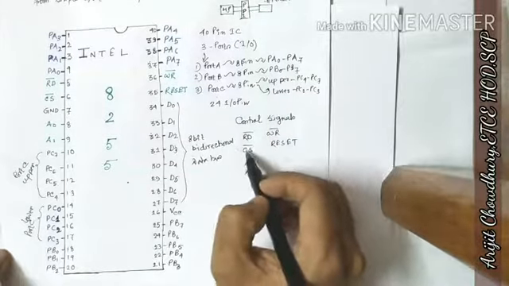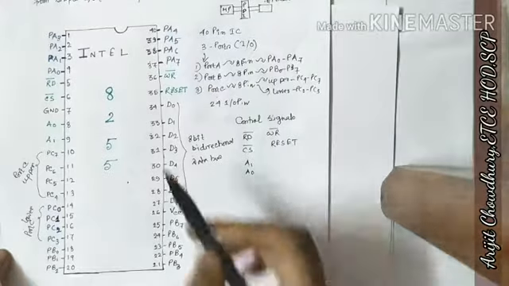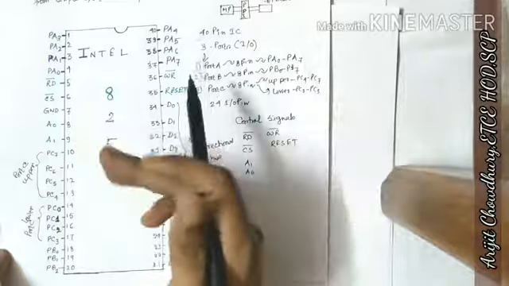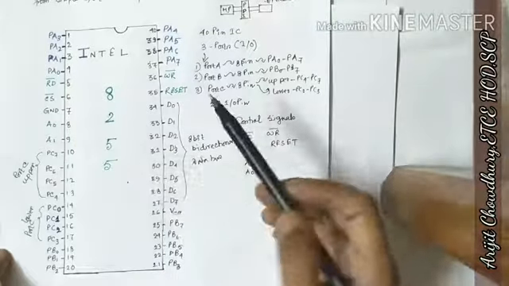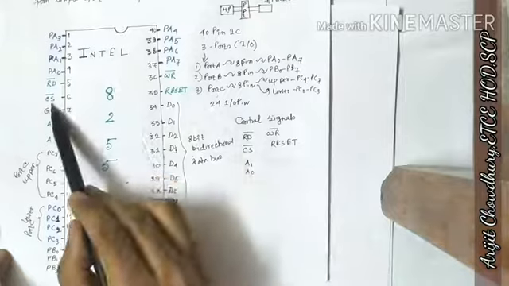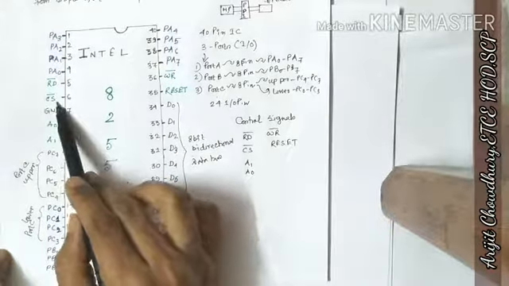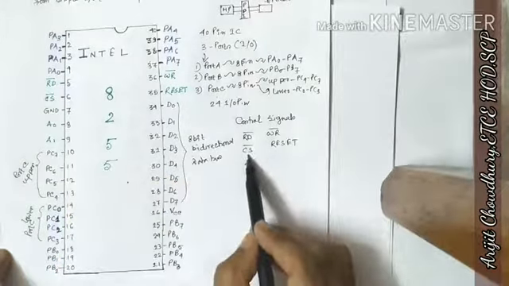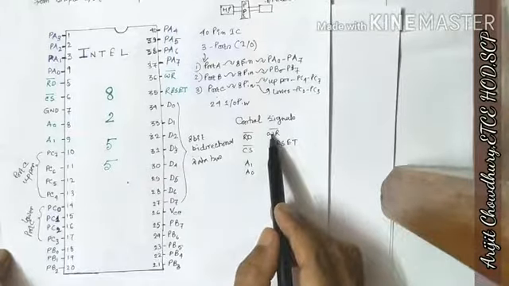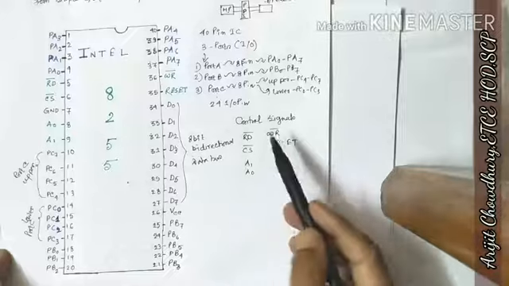Also CS means chip select. 8255 is a chip or IC, and to select this chip we use chip select. It is also an active low signal. WR bar is a write control signal, also active low.